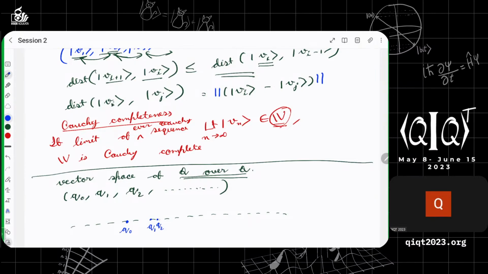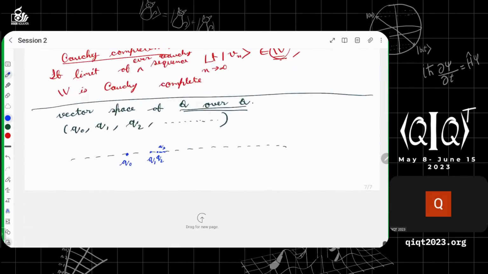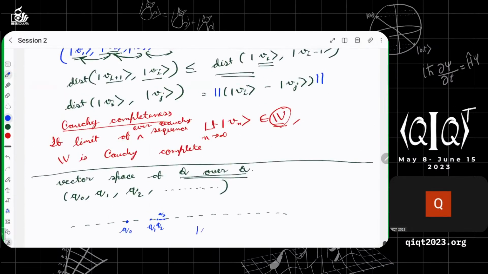So Q2, Q3 will be even closer, Q4 will be even closer. So it will become very dense eventually. Basically, the distance between Q0 and Q1 would be greater than the distance between Q1 and Q2, and so on. But these are all rational numbers.